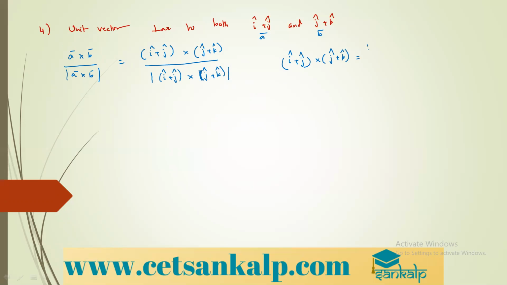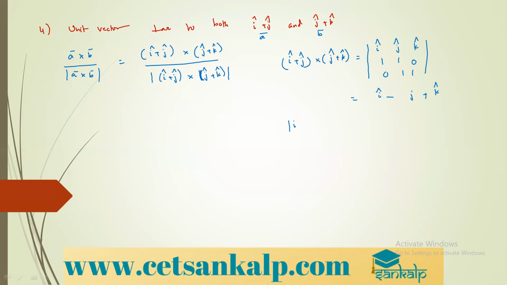So first of all, I will find what is I plus j cross j plus k. How to find? Take the determinant I, j, k. Then 1, 1, 0. Then 0, 1, 1. So I is multiplied by 1, minus j is multiplied by 1, then k is also multiplied by 1.